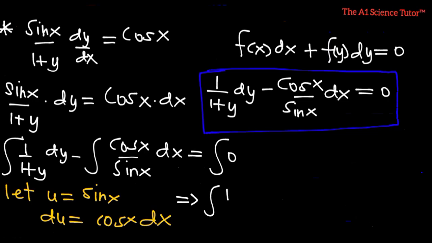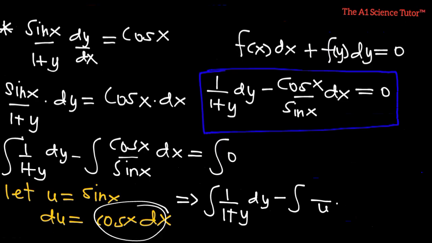So I'm going to have 1 over 1 plus y dy, and over here I will have 1 over u du, because we have a cos x dx that is replaced with a du.